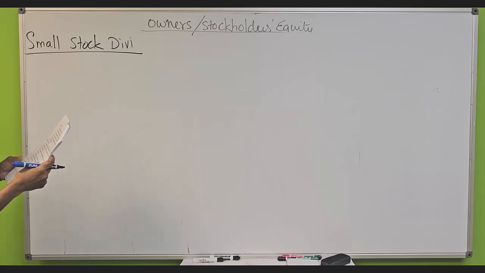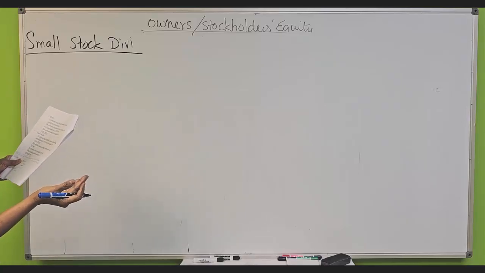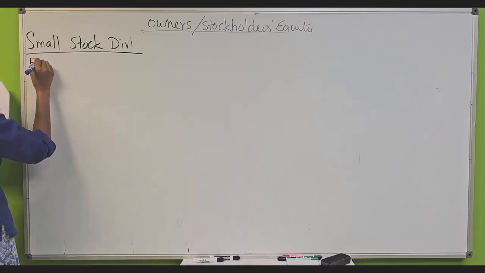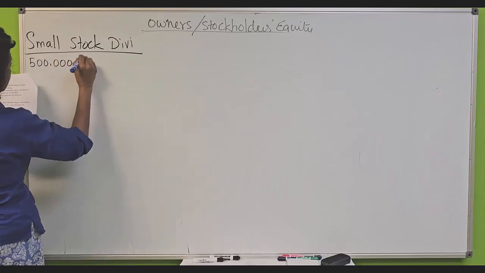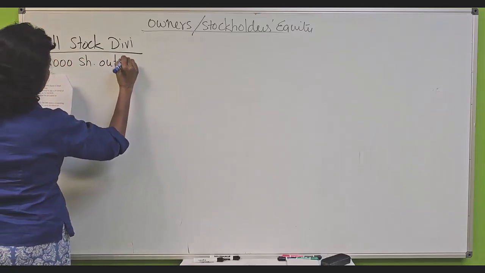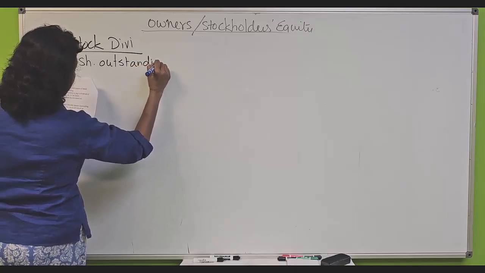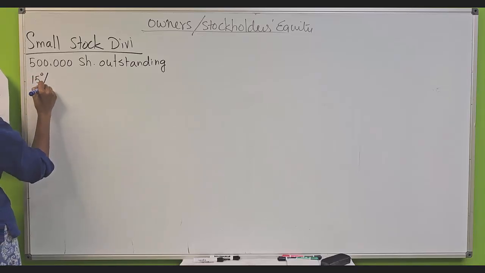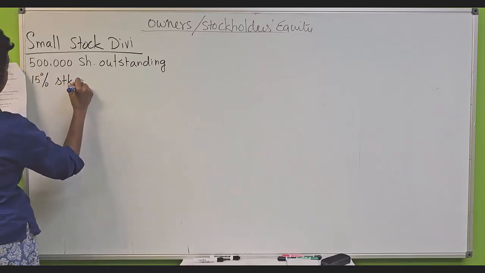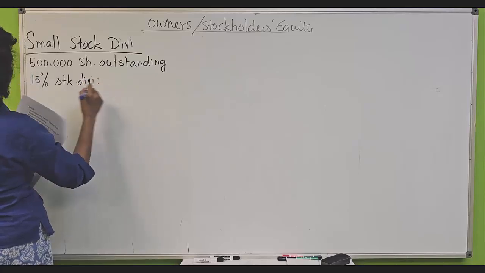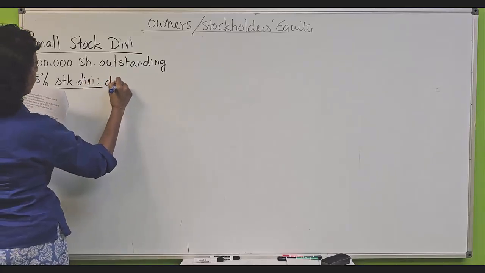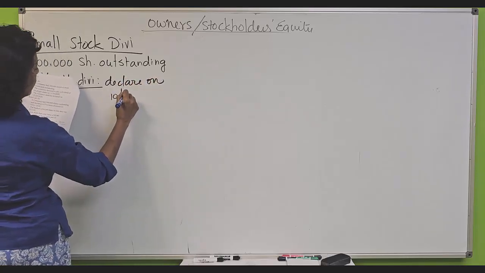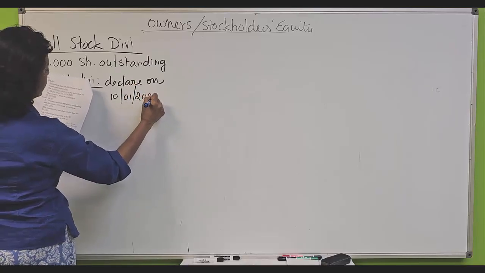Okay, so here the problem says a company had 500,000 shares outstanding, and the company is declaring a 15% stock dividend and is declaring on October 1st of 2020.